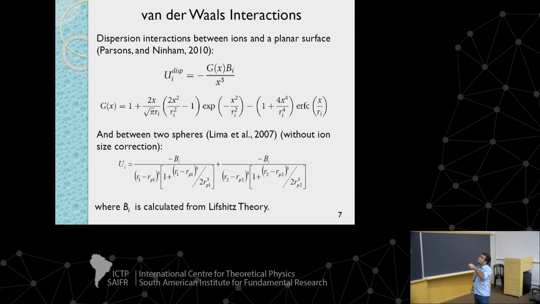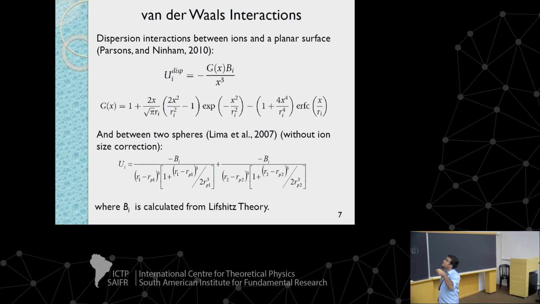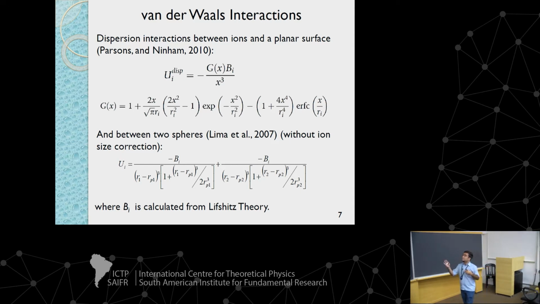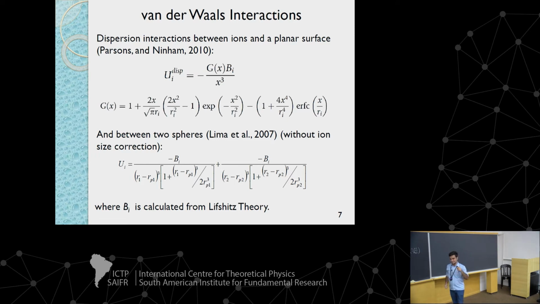And we have this B_i, that would be the ion dispersion coefficient. And this function g of x here was introduced just to avoid that the energy goes to infinity at closest approach distance at adhesion. So this one gives a finite value to the dispersion interaction when we have the ion very close to the surface, okay?